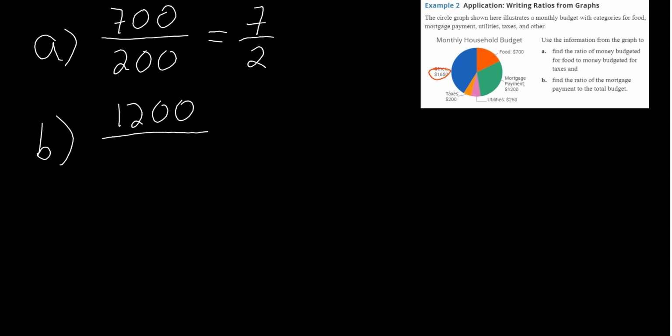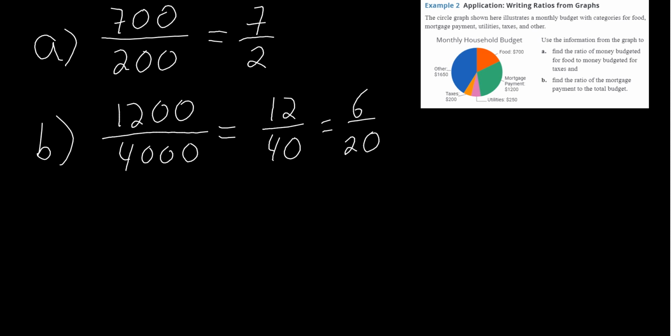So every one of these we're going to add up. All those added up end up being $4,000. So it's 1,200 over 4,000. Okay, we can reduce that to something like 12 over 40, but we can reduce that even further to 6 over 20, which we can reduce even further to 3 over 10.